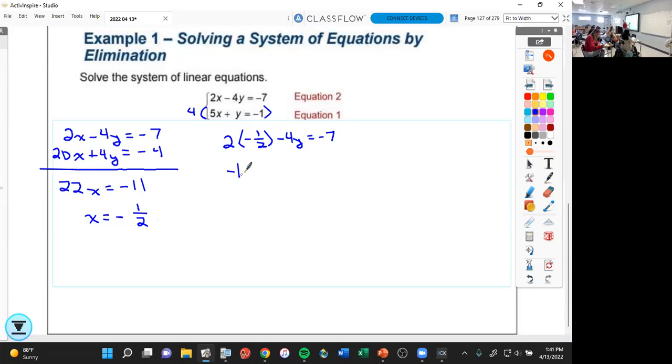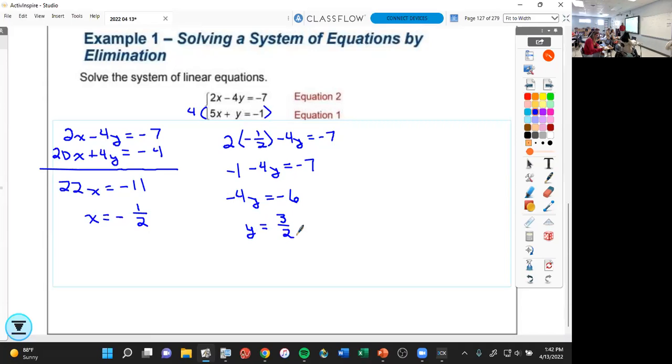That gives me -1 minus 4y, -7, solving for y. Three halves. 6/4. 6/4 reduces to 3 halves, right? So the solution to the system is?